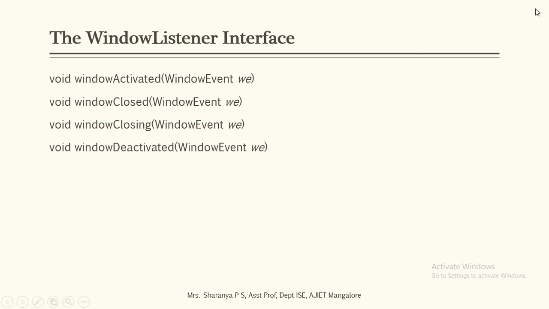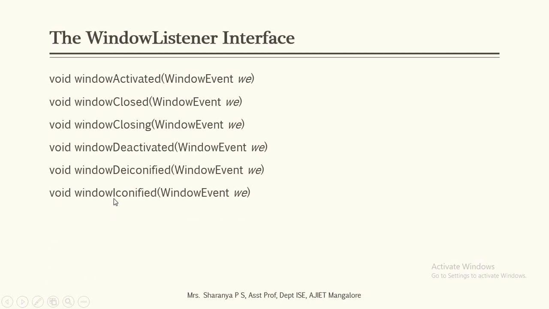If we are deactivating this window, in such cases this method needs to be handled. And then windowDeiconified. That is, if we are minimizing that window and then maximizing it, then windowDeiconified will be called, and windowIconified for minimizing.